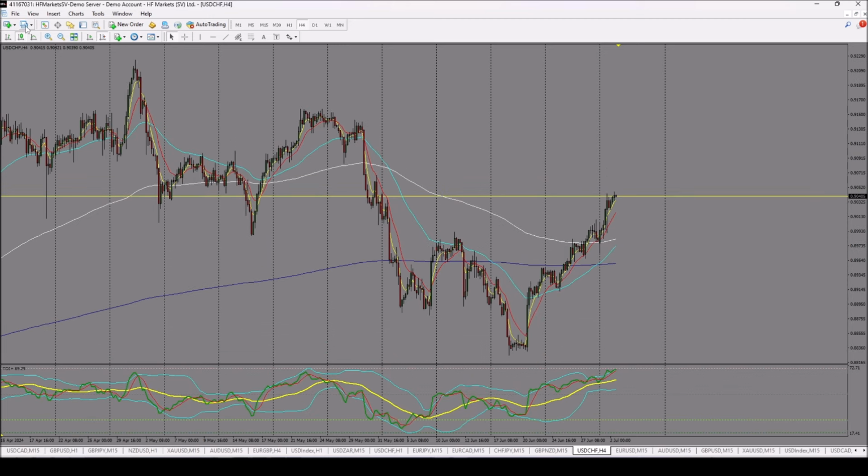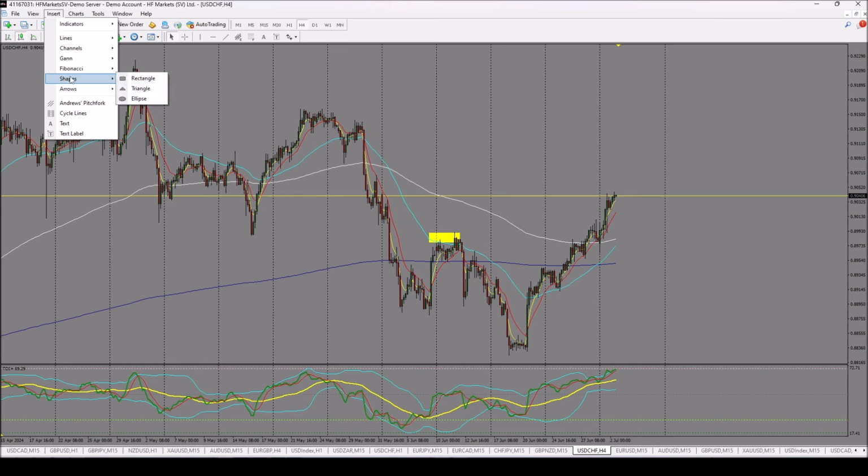So when we get a shark fin on the H4 time frame, it is a probable point of peak formation high or peak formation low. Like in this particular case, there was a shark fin, therefore this was a higher probability point of peak formation. We had one, we had another one.